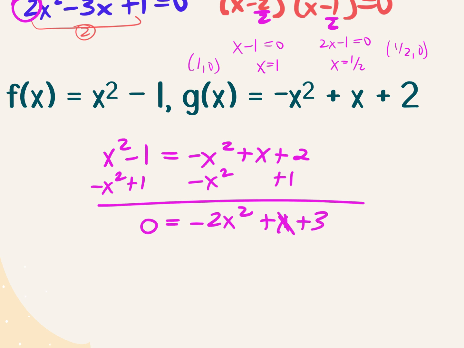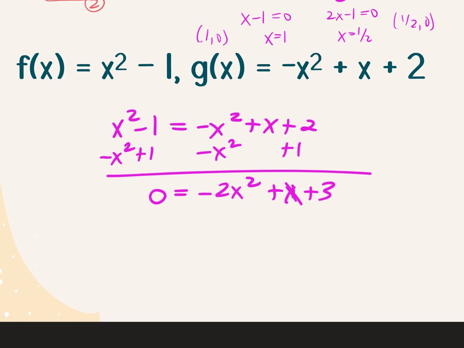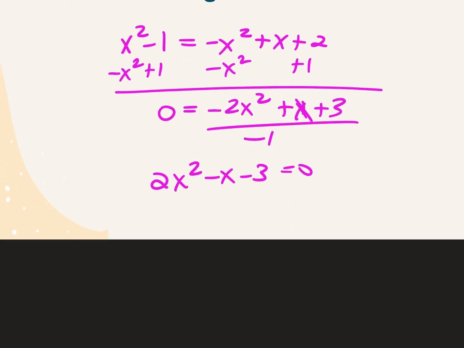Okay, I don't like to factor when we lead with a negative, so I'm going to go ahead and divide out that negative. When I do that, I have 2x squared minus x minus 3 equals 0. Can I factor this? Factors of negative 6 that multiply to give me negative 6, add to give me negative 1. x minus 3, good. x plus 2.